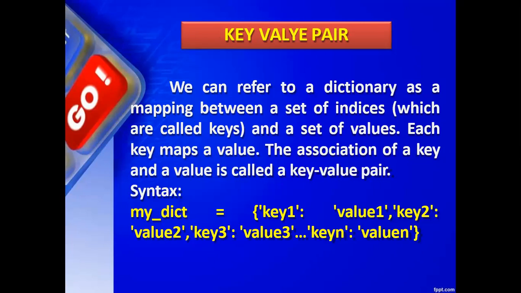If you remember, tuples used round brackets, lists used square brackets. Similarly, a dictionary uses curly braces. And inside it, we have key 1, and then a colon which separates the key and value, and then a comma which separates different pairs. So key 1 value 1, key 2 value 2, key 3 value 3, and so on.